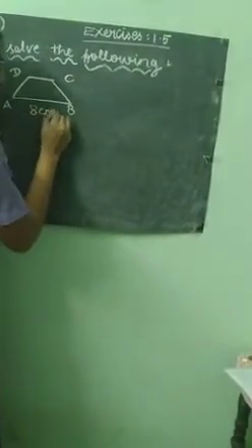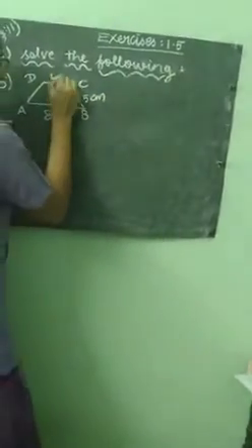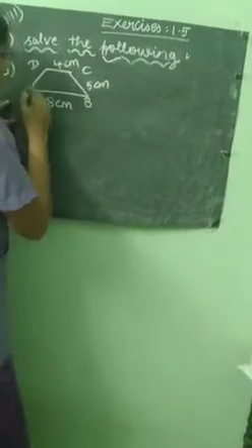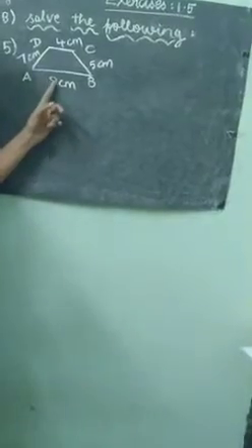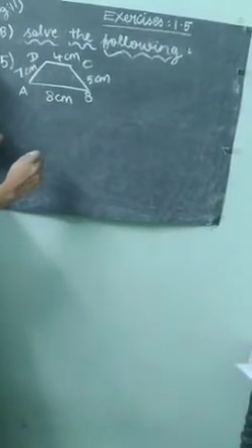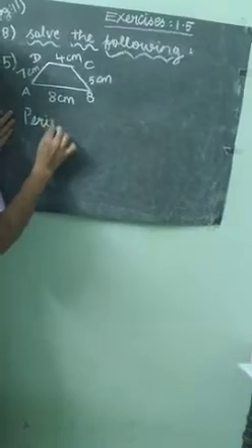So this is 8 centimeter, 5 centimeter, 4 centimeter, and this is 7 centimeter. We have the question itself giving the 4 measurements, so I am going directly to the perimeter.